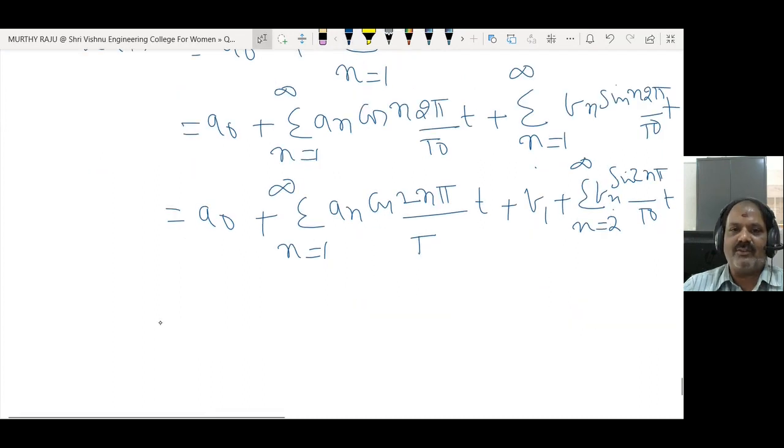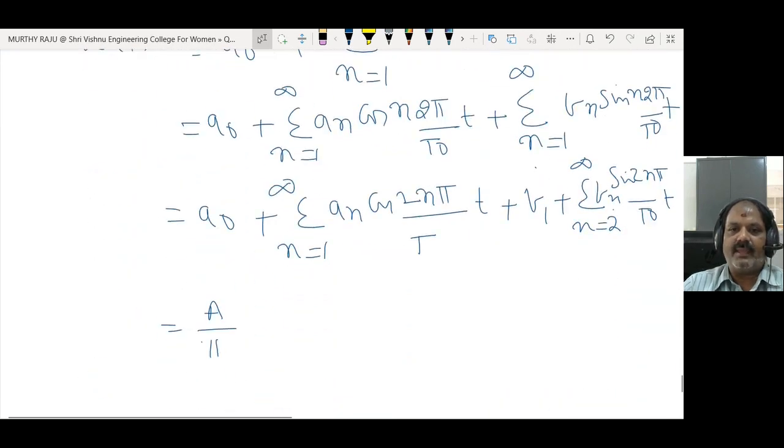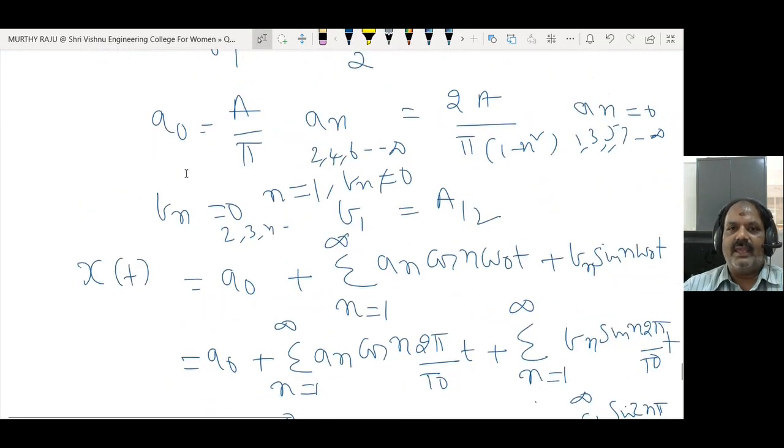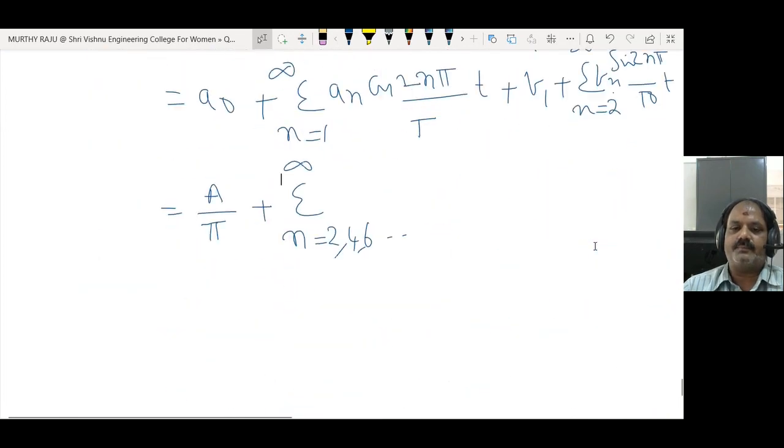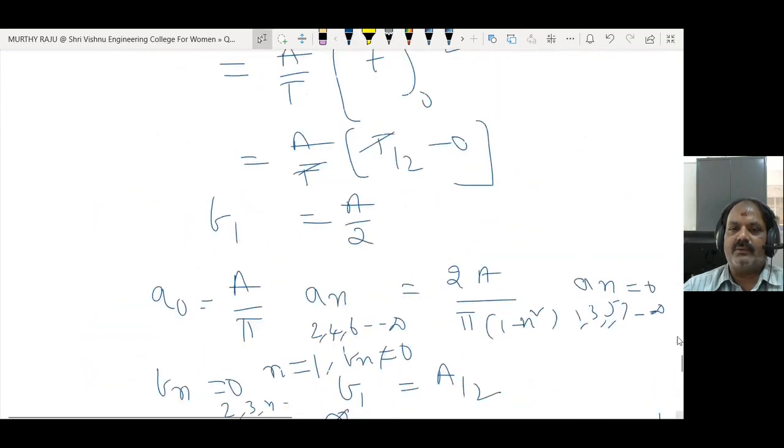Substitute values here. A naught value is A by pi. For even values n is equal to 2, 4, 6 and so on to infinity, an value is 2A by pi into 1 minus n square, plus b1 value.